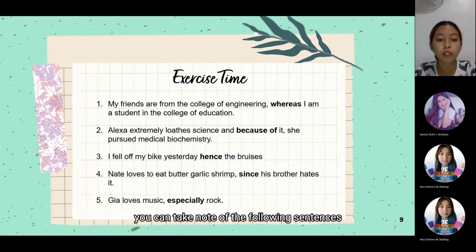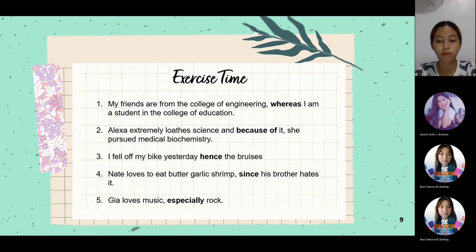You can take note of the following sentences. We'll check your answers when the clock strikes 7:11.